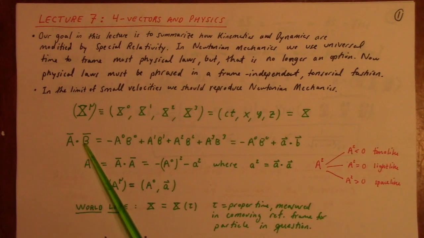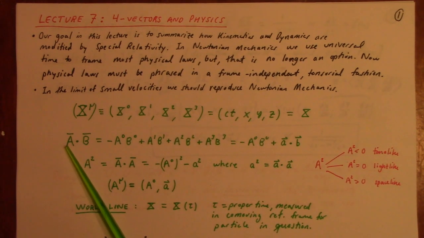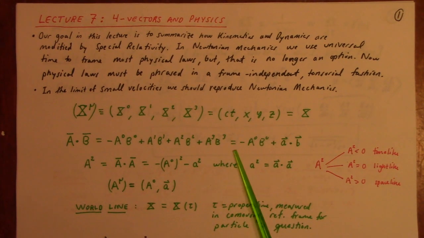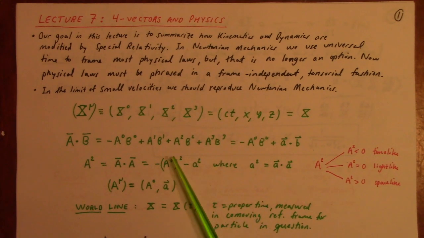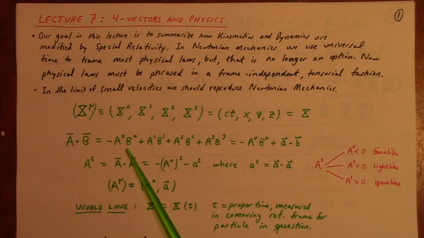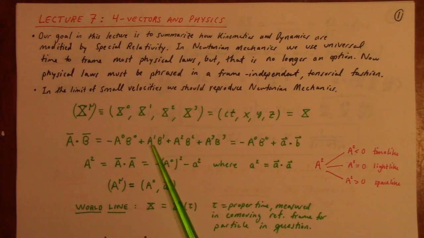So this would be a contravariant tensor, I suppose. And this dot product is the Minkowski product, like we talked about before. I might not even use this notation after this lecture, but for this lecture I'm going to use it. So basically you've got the time piece, and then over here you've got the Euclidean dot product making up the end of it.